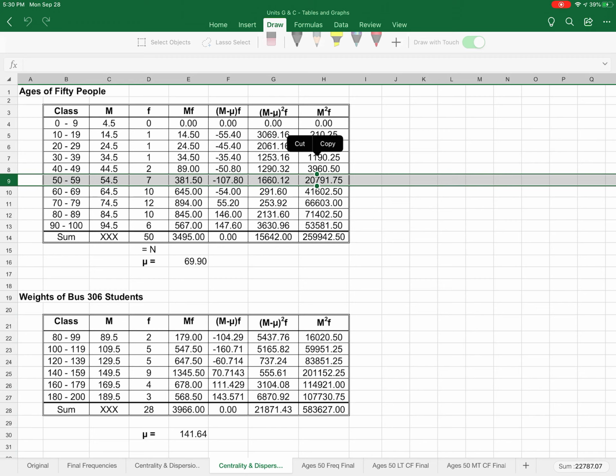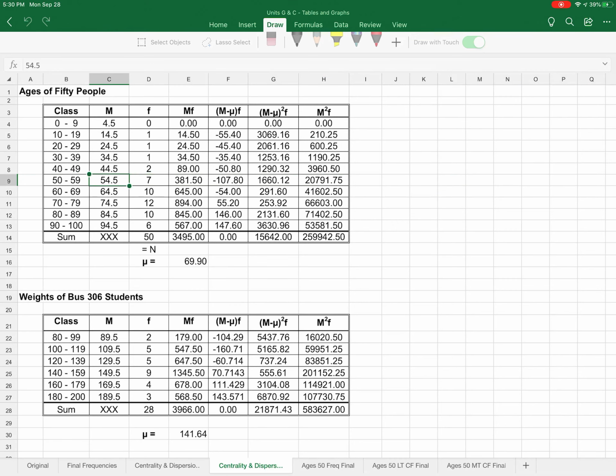And you could ignore these two columns here, F and G. All right, so let's take a look then over here. And what we do then is we take the class mark, which is 54.5, and square it. And then we multiply by 7, which is the frequency. So that's what this formula up here is saying. So 54.5 squared times 7 is 20,791.75.